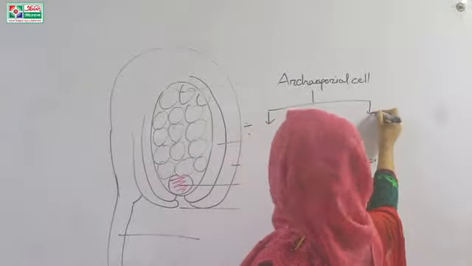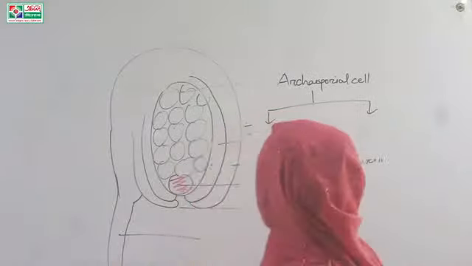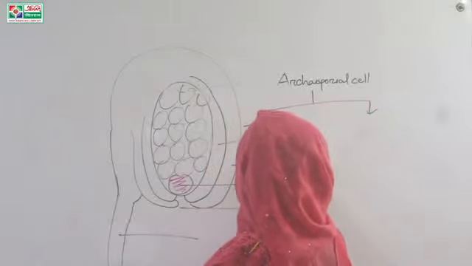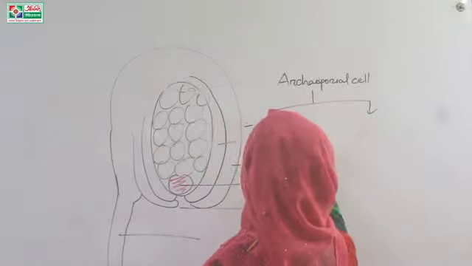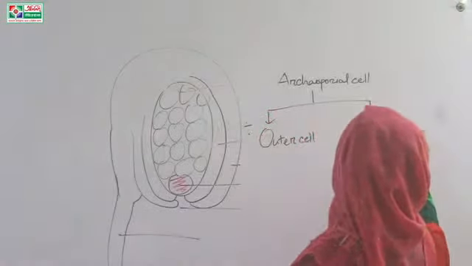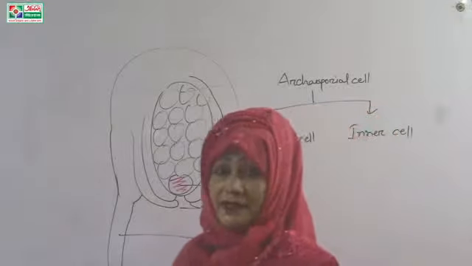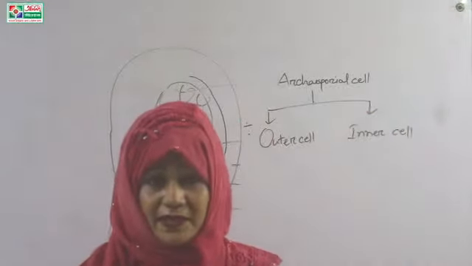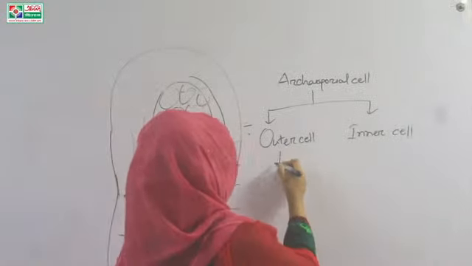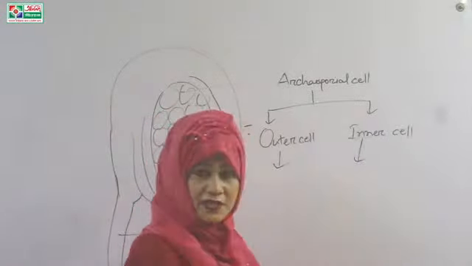After this parietal division, we get two types of cells, outer and inner. Outer cell and inner cell, right?